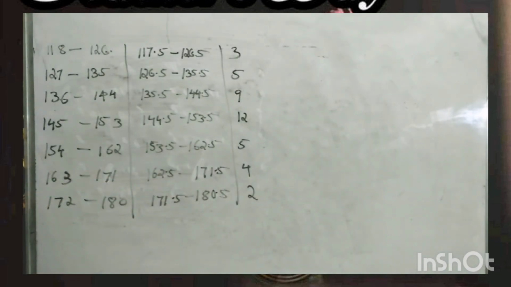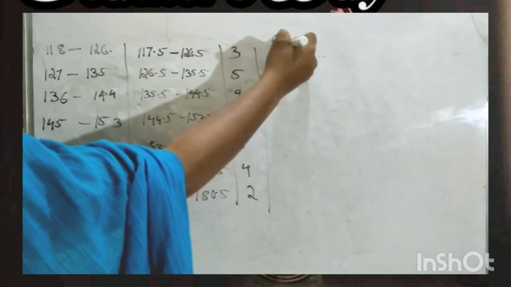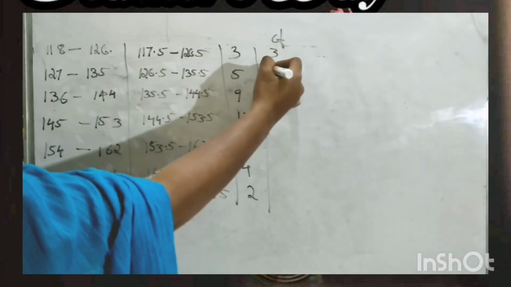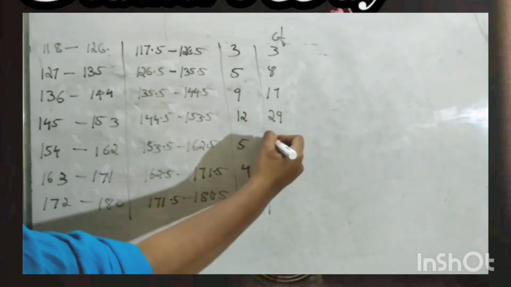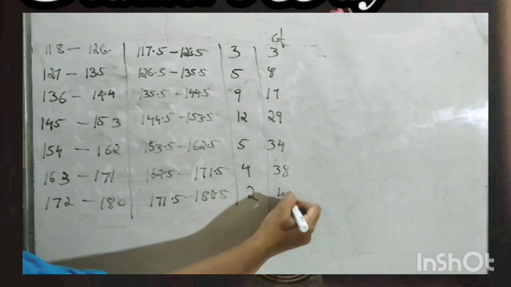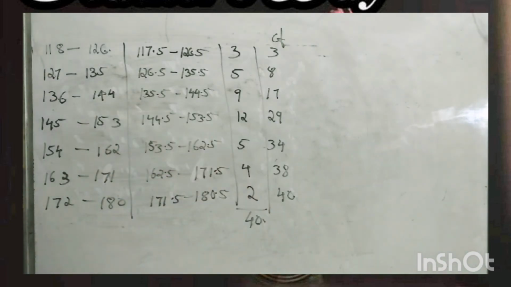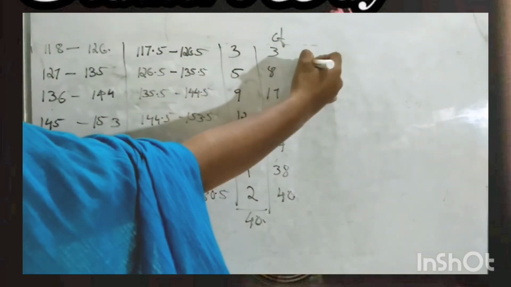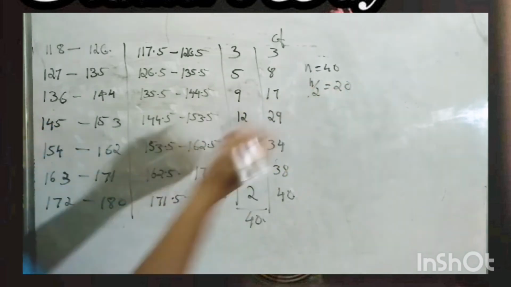Since we need to find the median, we need to find CF: 3 plus 5 is 8, 17, 29, 34, 38 and 40. The summation is 40. So n is equal to 40, and n by 2 is equal to 20.